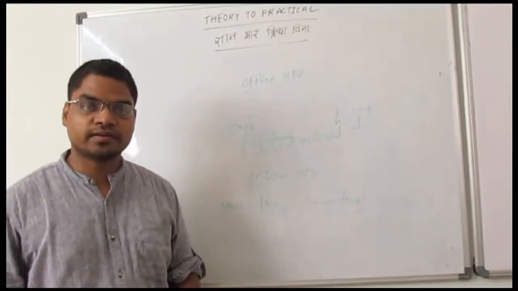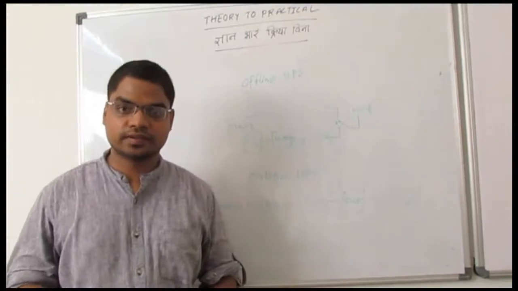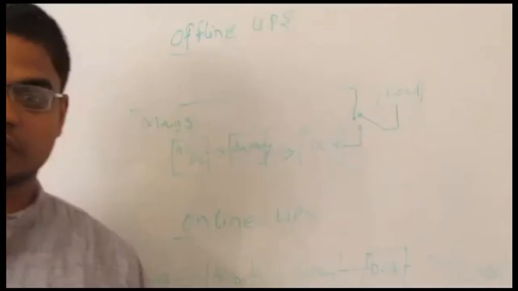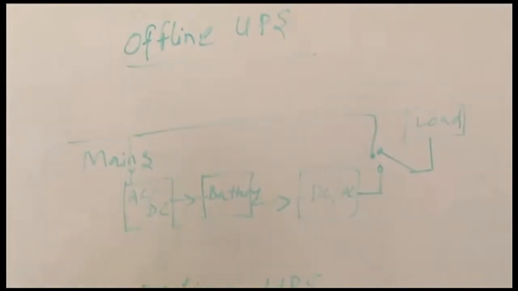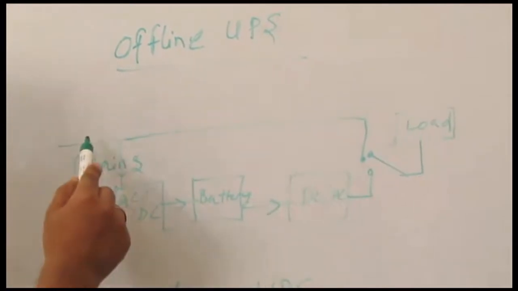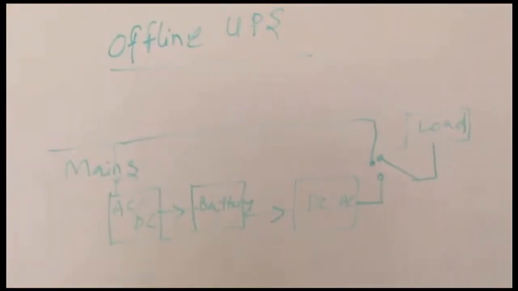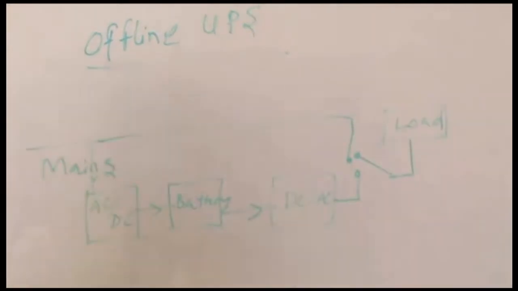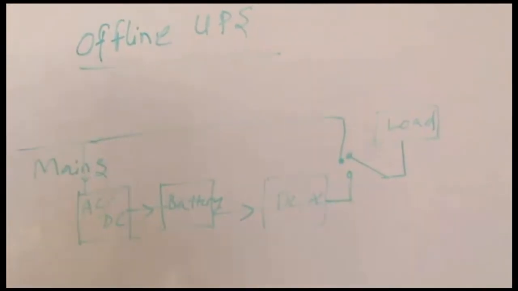Here we have block diagrams for both online and offline UPS. First consider the offline UPS, which is most commonly used for our desktop PC. During the mains on condition, that is when mains is available, the load is getting power from the mains line only, that is, this switch is at this position.